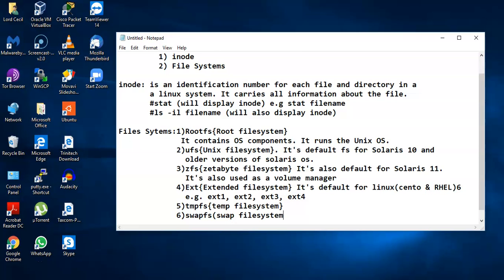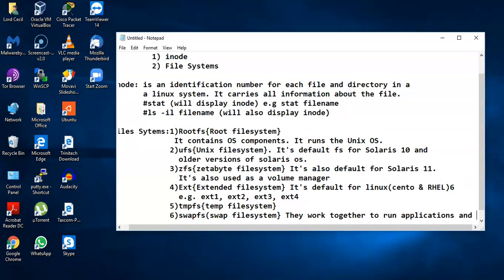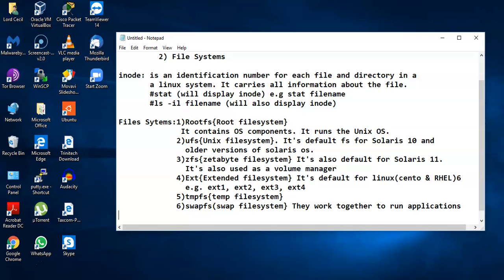We're going to look at swap management, another major topic we will learn. The temp file system and swap file system work together to run applications on the operating system.